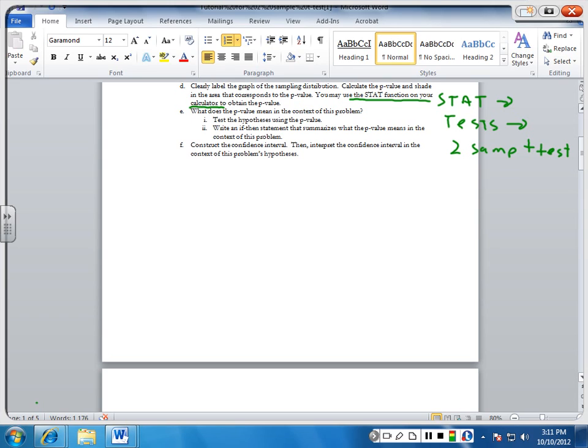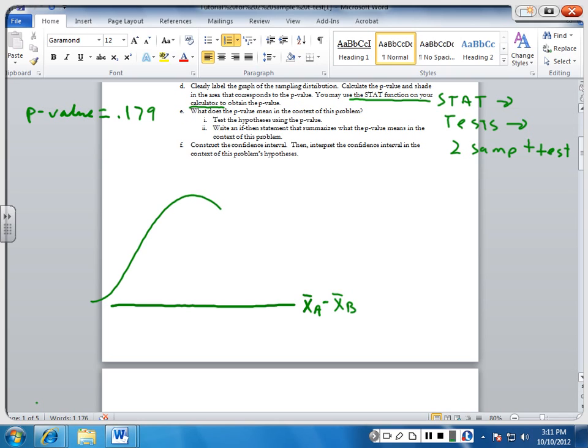Well, anyway, if you do that, you will get a p-value of 0.179. So draw that here. Make sure you label the axis with the appropriate statistic, in this case. This is the sampling distribution of the difference between the two sample means. The center of this, mu A minus mu B, is equal to 0.